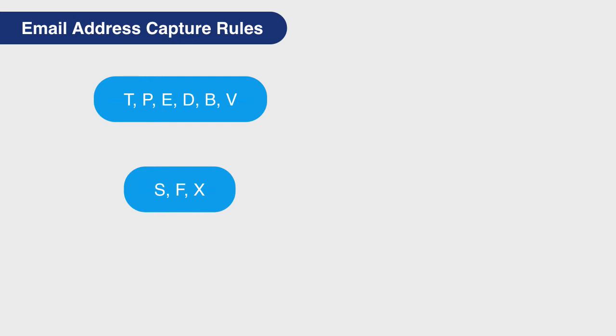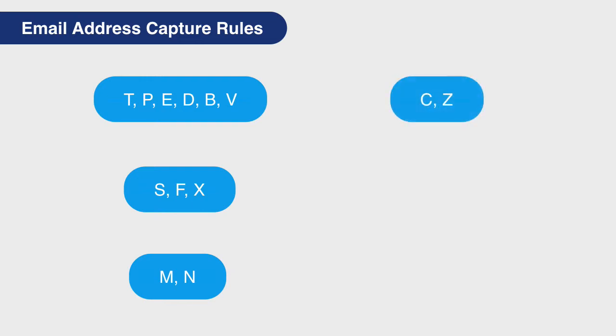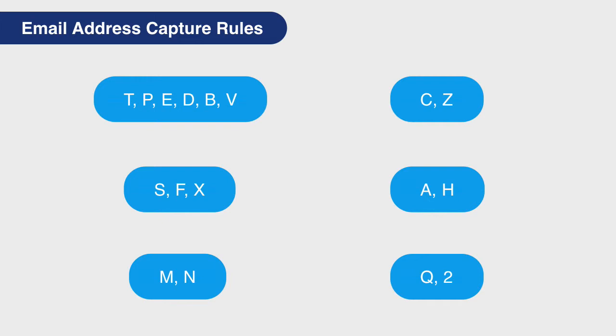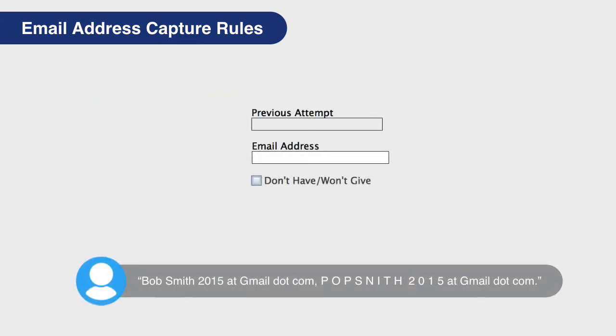S, F, and X can be confused. Letters such as M and N, C and Z, A and H, and Q and 2 can sound similar. It should be clear that Pop Smith 2015 is incorrect, and Bob Smith 2015 at gmail.com makes the most sense.